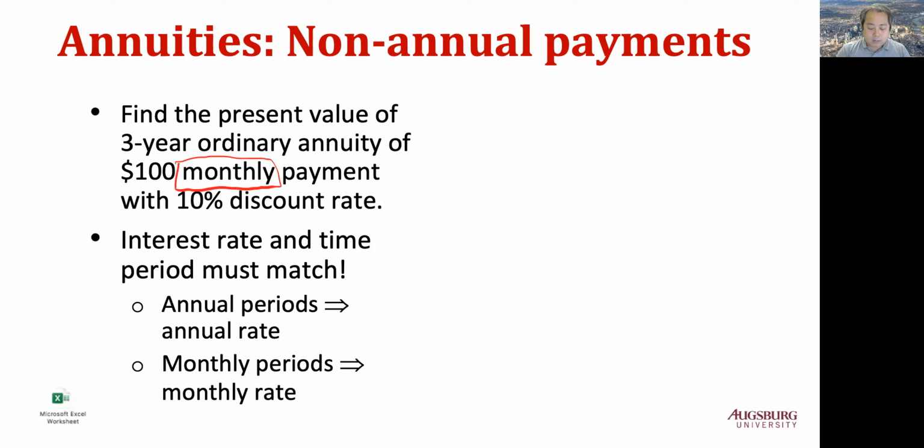So you should have a different interest rate, because this 10% rate is always an annual rate. For a monthly problem, you should have a monthly interest rate. And you also need to change the number of periods, not 3, because this is monthly. So how many months? 3 times 12, 36 months.